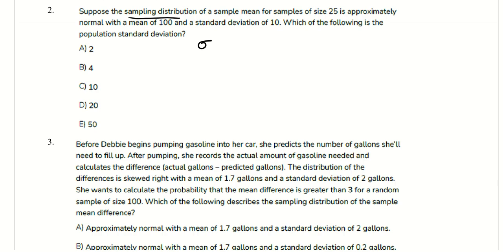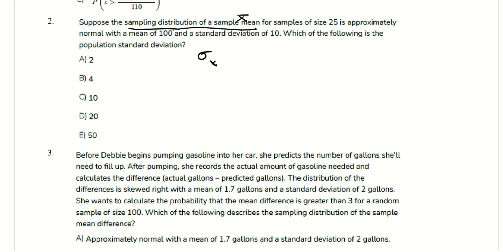So let's just say you have the sample mean. Sampling distribution of the sample mean, so that's X bar. And then sigma X bar, as we mentioned, is sigma over square root of n. There you go. They said that sigma X bar is 10.